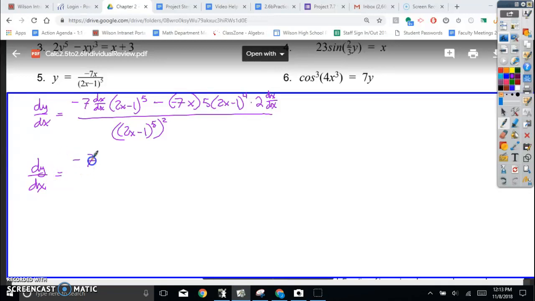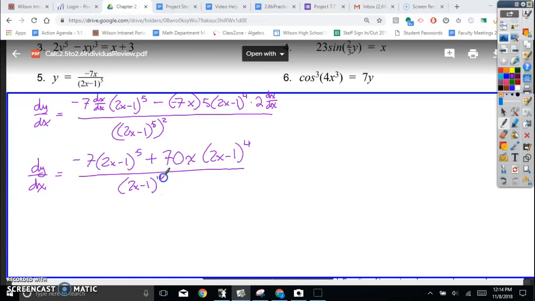So this is nice, dy/dx is already by itself. This is going to be negative 7(2x minus 1) to the 5th. Over here, this will be 2 times 5, which is 10, times that. So that's plus 70x(2x minus 1) to the 4th, all over (2x minus 1) to the 10th. So it looks like everybody has a GCF of (2x minus 1) to the 4th I can get rid of.